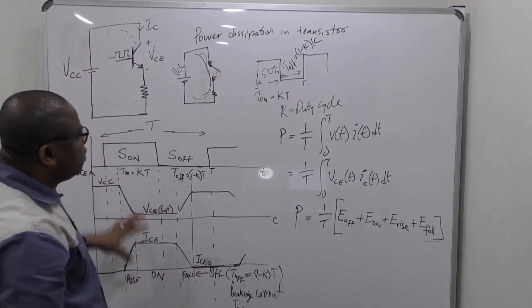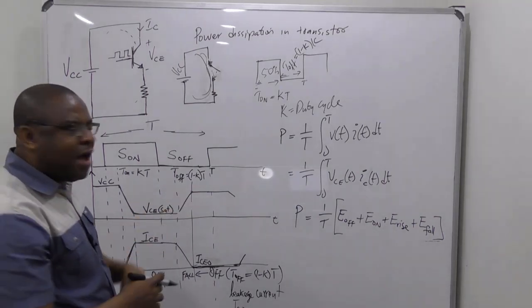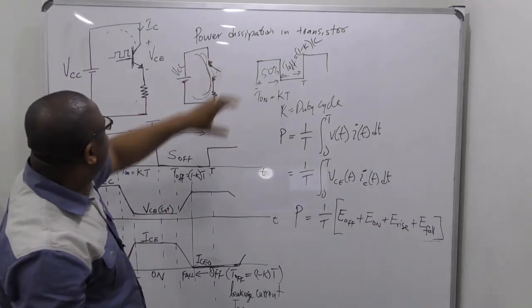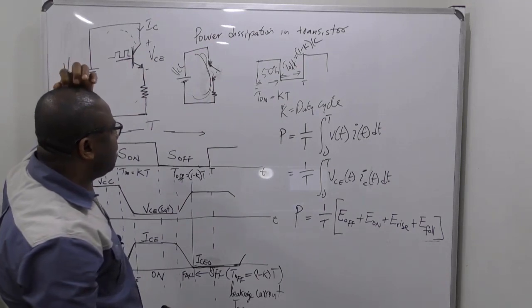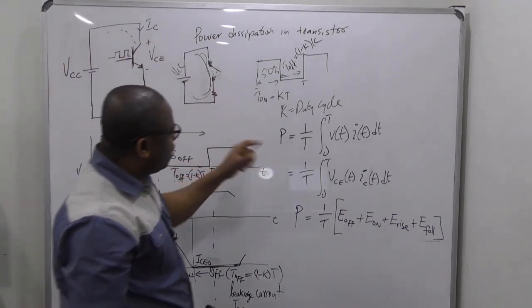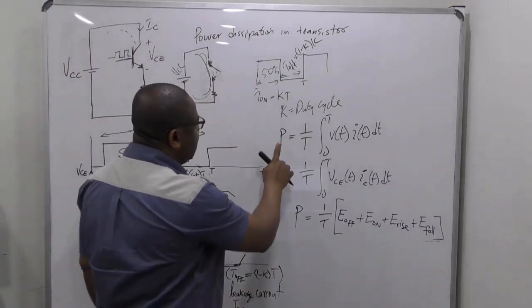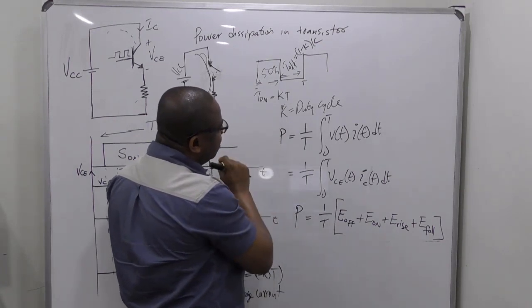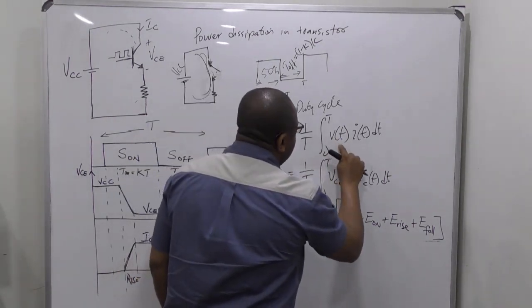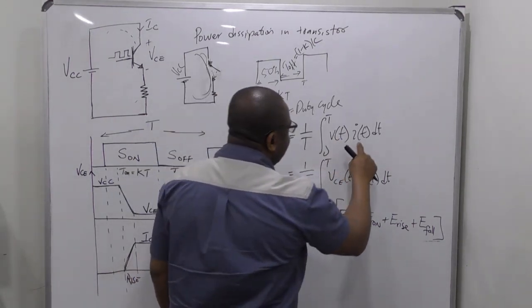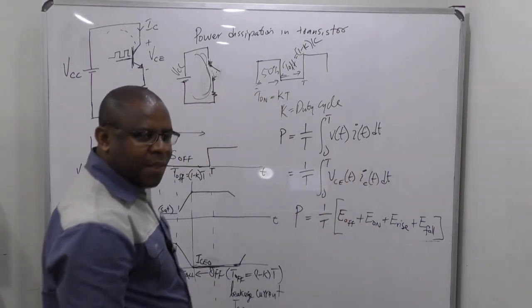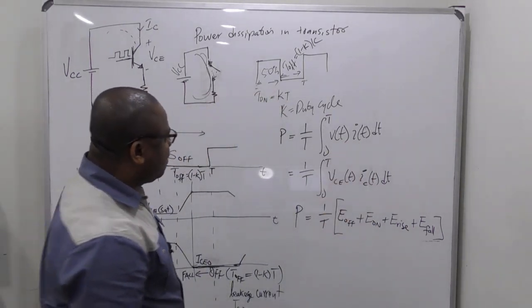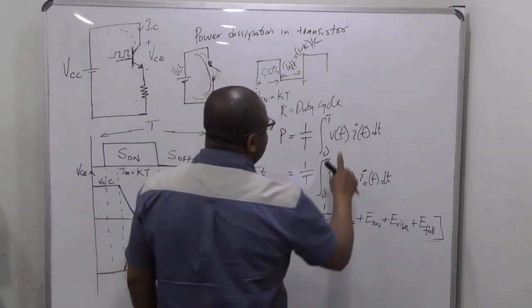Now let's see how we get the power, because we want to look at the power dissipated in this transistor. Power is voltage times current.